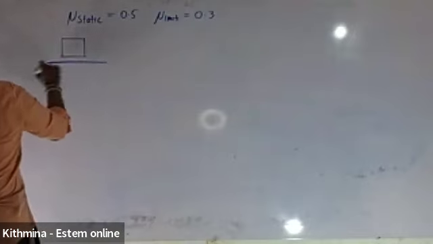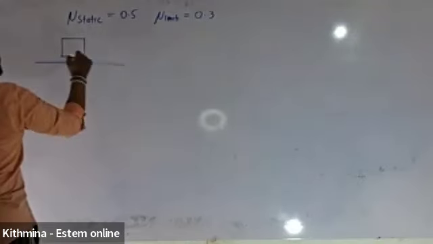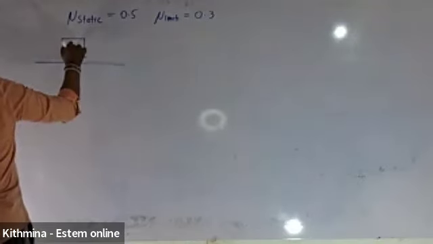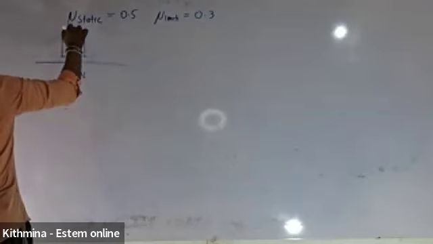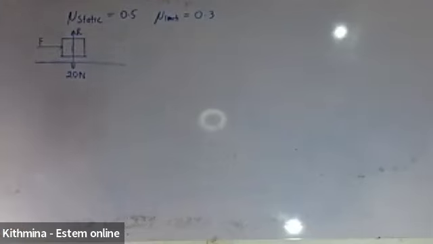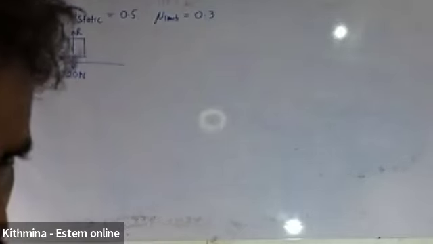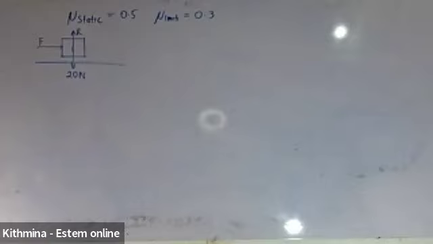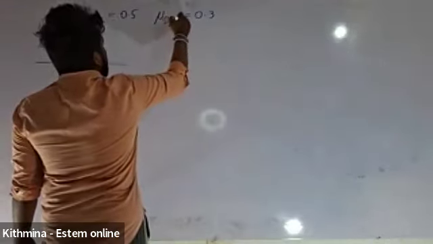There is an object here. The mass is 2 kilogram. It means 20 Newton. So here the normal reaction R is 20 Newton. Mu dynamic.